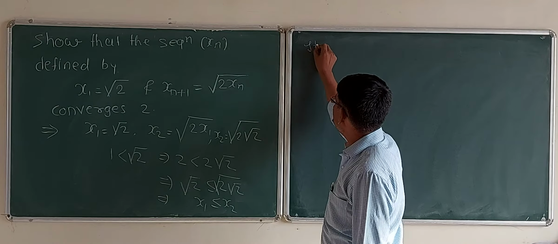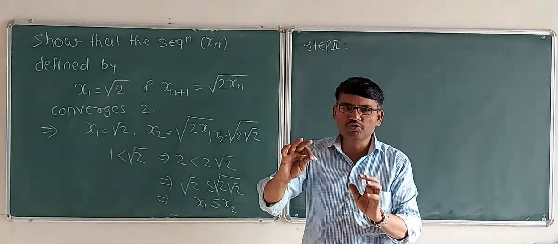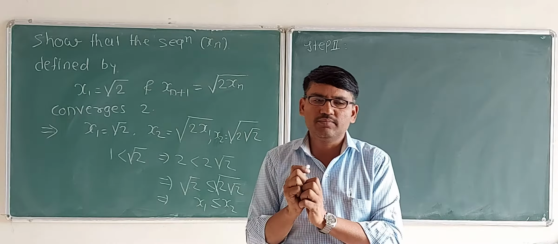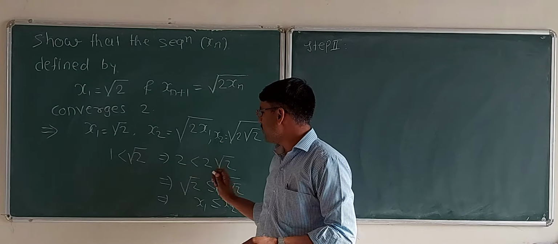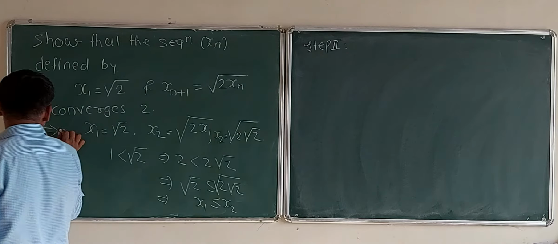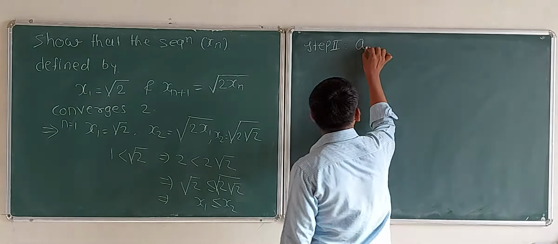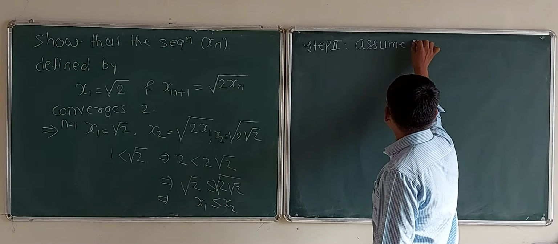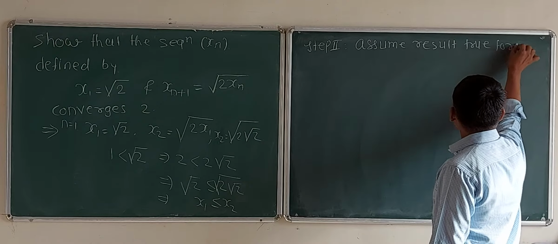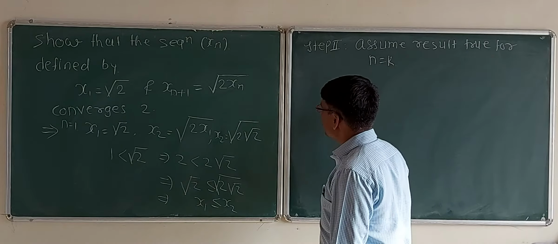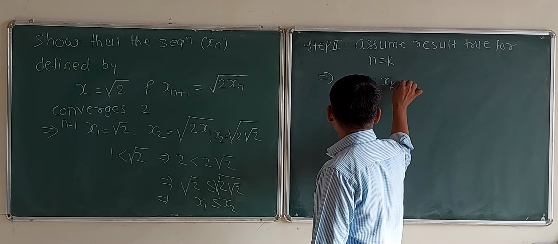Since the given statement contains the set of natural numbers, if you want to prove your result for n terms, then you have to apply the first principle of mathematical induction. Already for n equal to 1, we have proved our result. Now we assume the result is true for n equal to k, that is xk is less than or equal to xk plus 1.